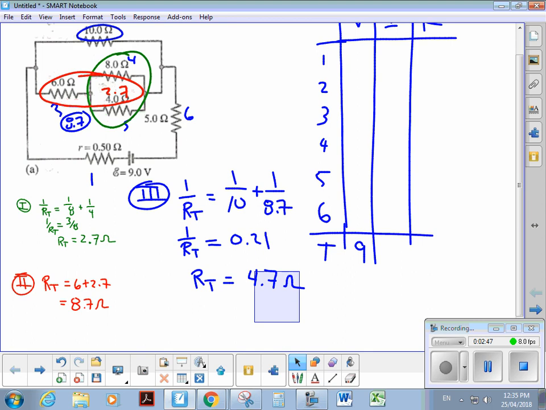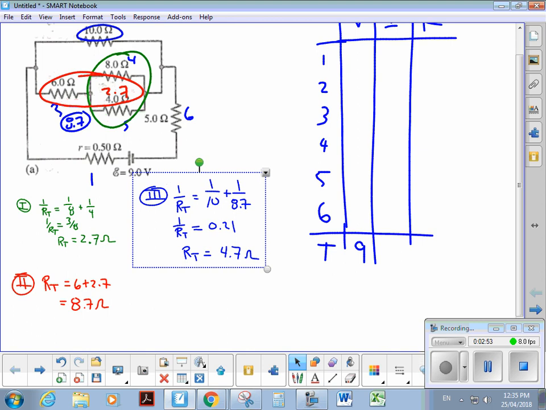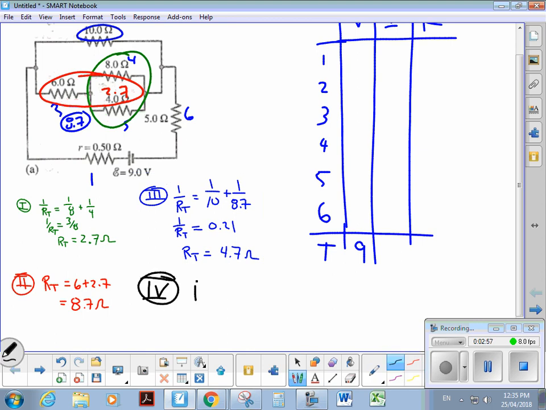That allows me then to find the total resistance on the pathway. We have 1 pathway left. So stage 4 here, I'll move to black. Total resistance would be the 4.7 I just calculated, plus we have 5. There's my 5 and my 0.5.